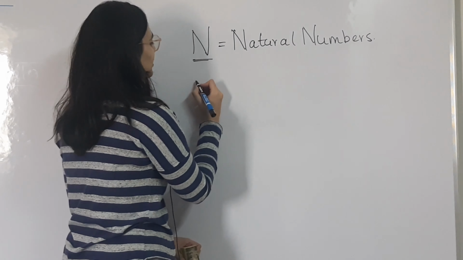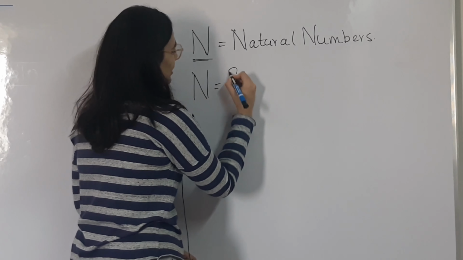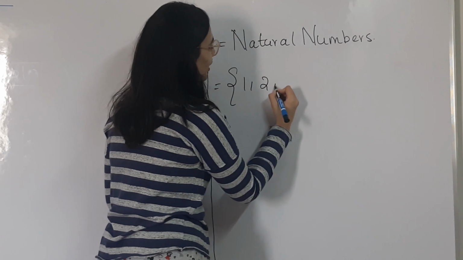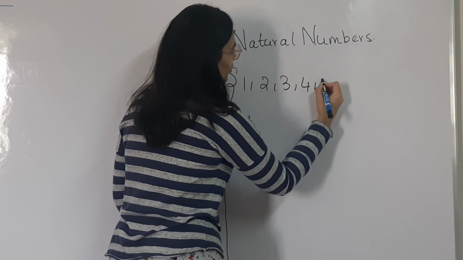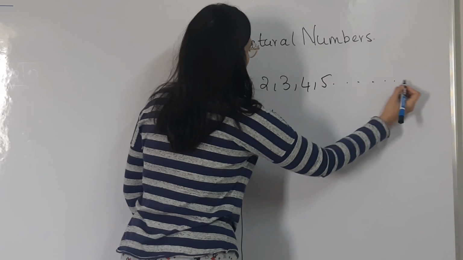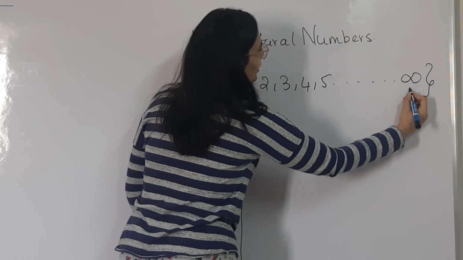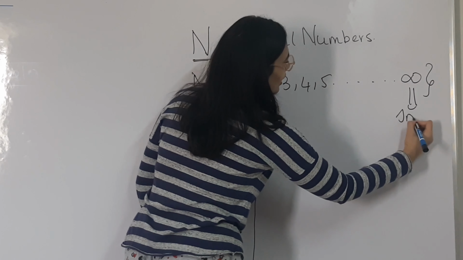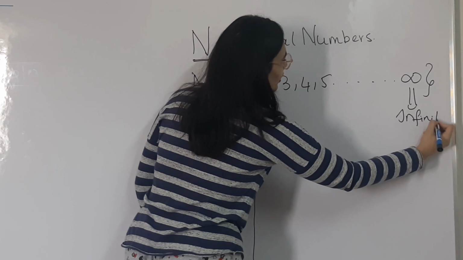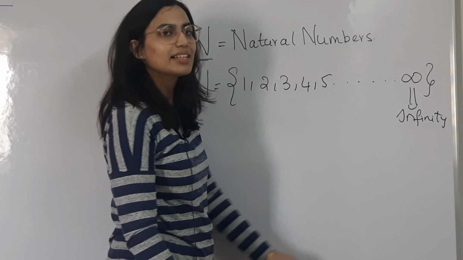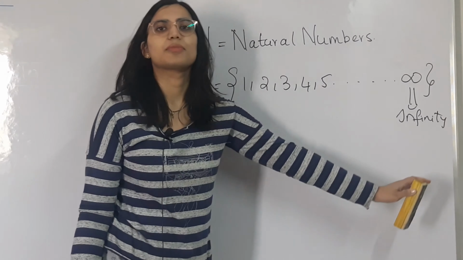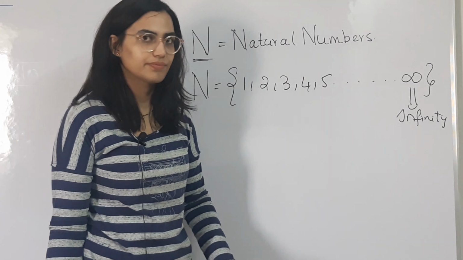Okay, let me make this very clear for you. N is nothing but 1, 2, 3, 4, 5 and so on up to infinity. We write this as infinity, that is, infinitely many numbers in the number system.